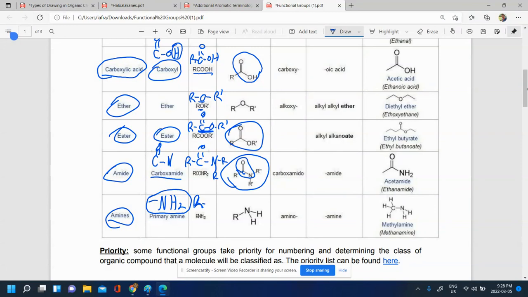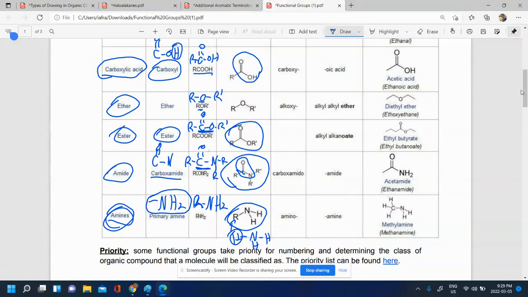But if you see this nitrogen group without the double bond carbon there, it's simply a nitrogen group, then you have what's called an amine instead. And so here we have an amine. It kind of looks like ammonia when you think about it. You have three H's normally, except here we replaced one of the H's with a carbon group or a carbon chain, and we have an amine at this point.